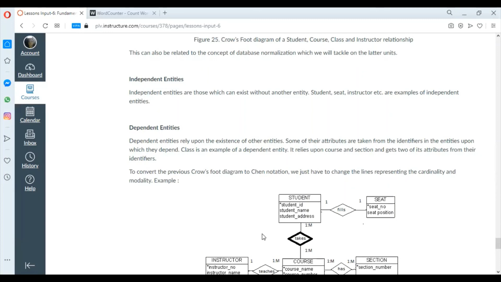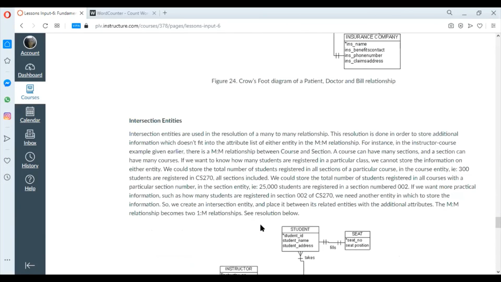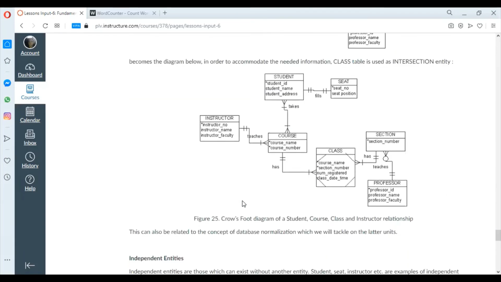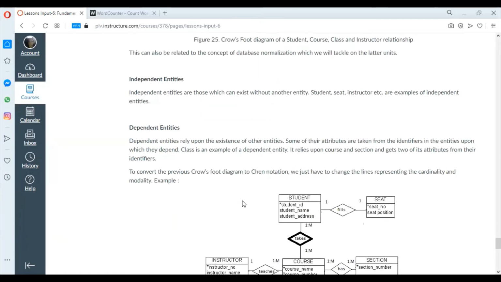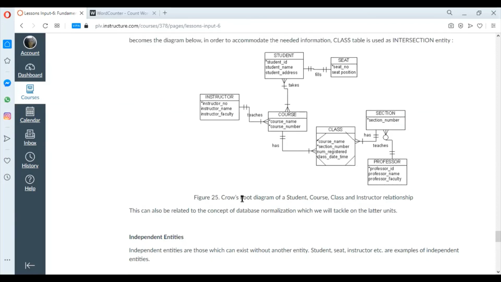To convert the previous crowsfoot diagram to Chen notation, we just have to change the lines representing the cardinality and modality. So we have three types of additional entities: intersection entities, independent entities and dependent entities. So just take note of their meaning.